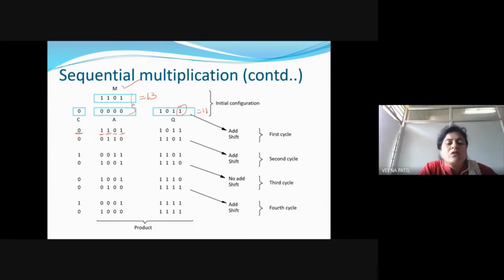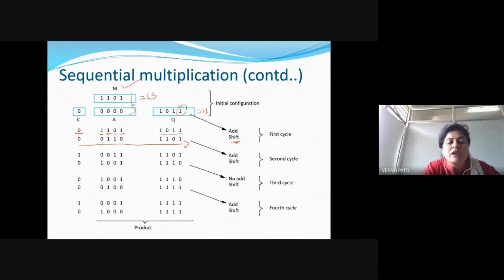Now what was the value of Q? Q was 1011, so keep it as it is. Okay. Now after performing addition, it will perform shift. So C, A, Q, all the bits have to be shifted towards right by 1 bit position.